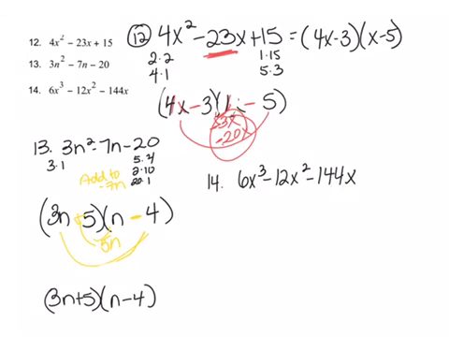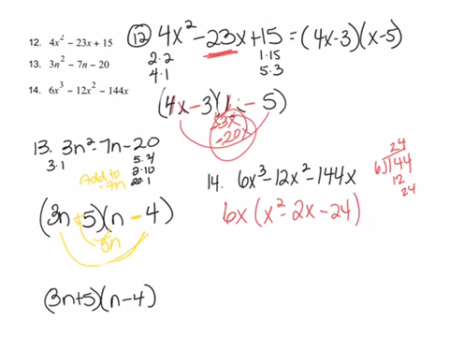Well, 144 is 12 times 12, so that means I can divide it by 6, and then they all have some form of an x, so we can take out a 6x, and when we do that we get x squared minus 2x, and I believe 144 divided by 6 is 24, so minus 24.